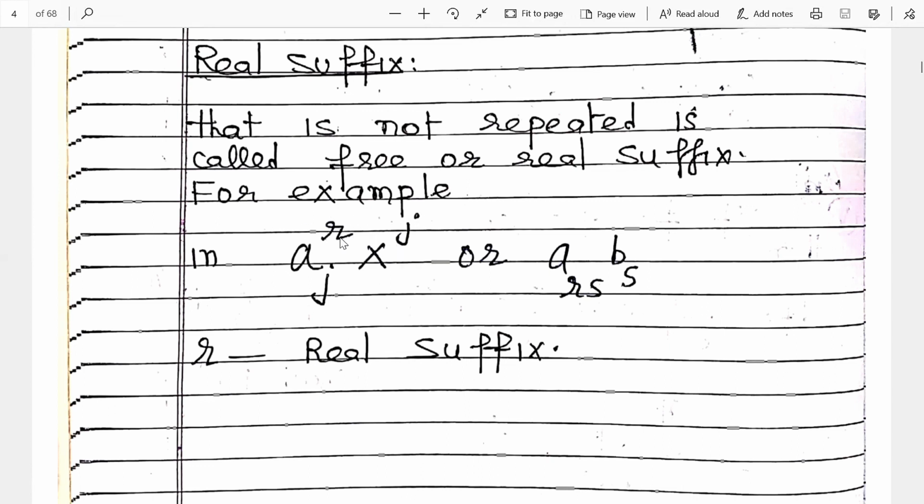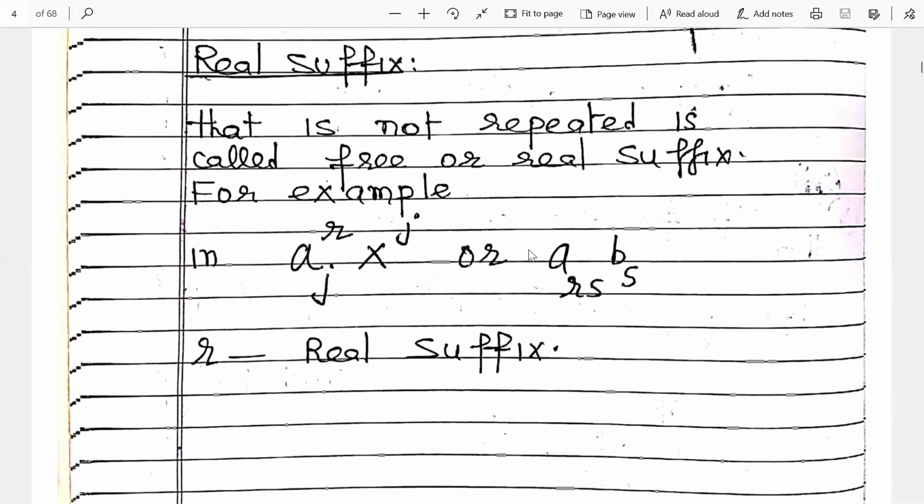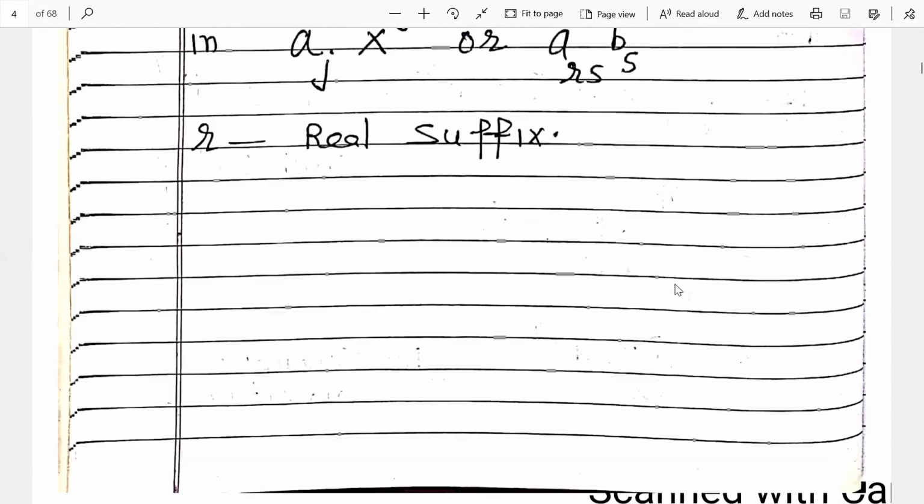But r is real, since it does not appear in any other part. Now here again a^r_s, so s is repeated, and here r is a real suffix. So that is our definition of a real suffix.